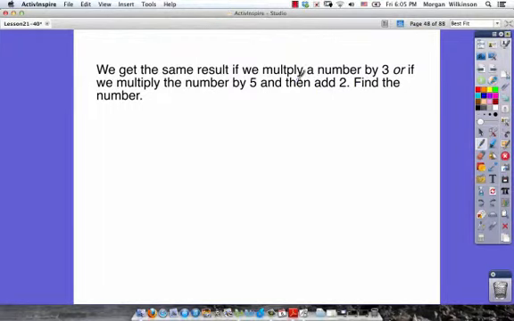So, if we multiply a number by 3, so n times 3, or 3n, or if we multiply the number by 5 and then add 2. So we're going to get the same thing either way. So this is going to be equal to everything after the or. We're going to multiply the number by 5, 5n, and then add 2.